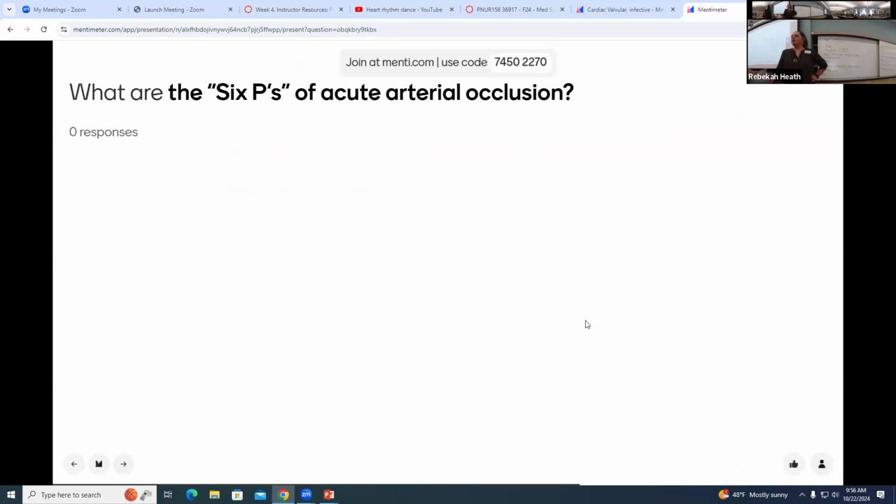Okay, when we talk about an arterial occlusion, which is similar to venous occlusion a bit, what are the 6 Ps? We read about them in the text, and I think the homework even had the 6 Ps in it.